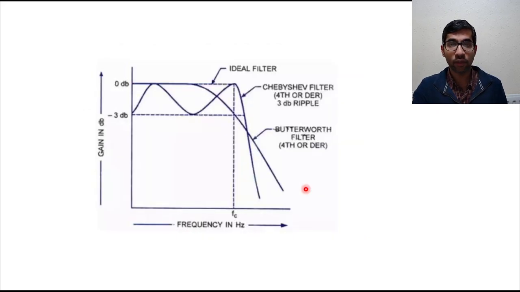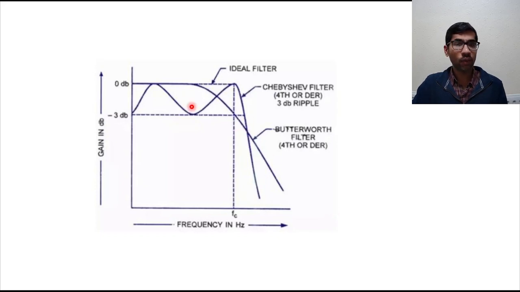And we can get two kinds of filters. Ideally, we would like the filter to have a constant gain in the pass band, a zero transition region, and a constant gain in the stop band. We can't get that. So what we can do is allow for a ripple in the pass band, and allowing for a ripple in the pass band gives us a smaller transition region, and we reach the stop band quicker.